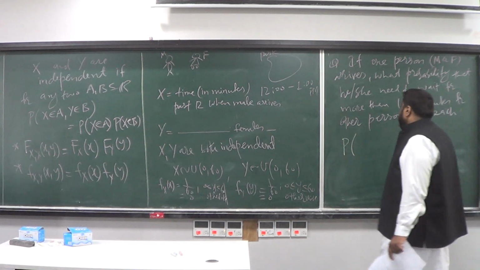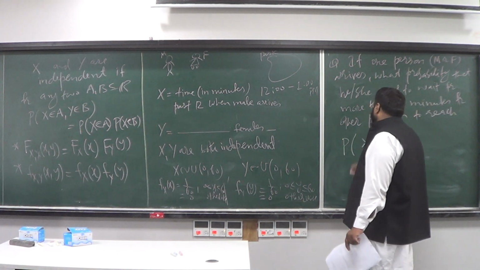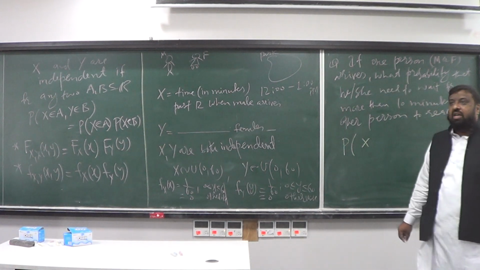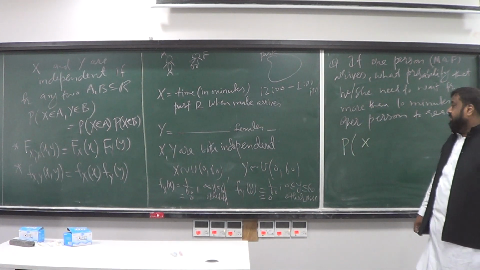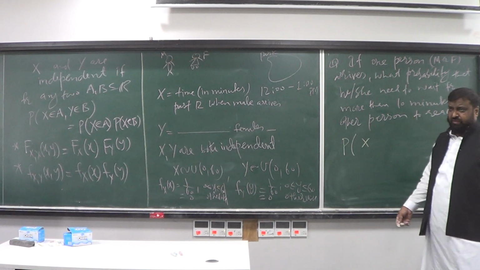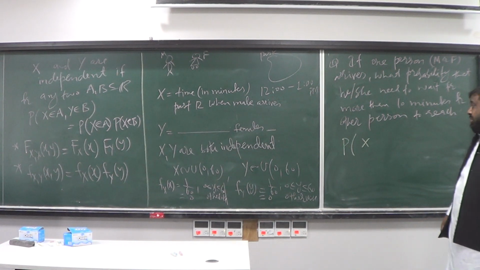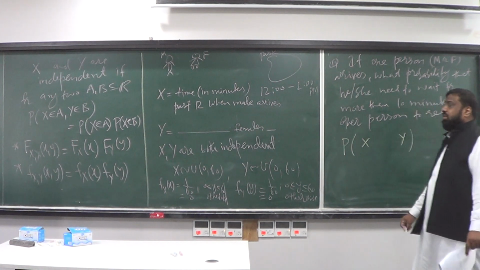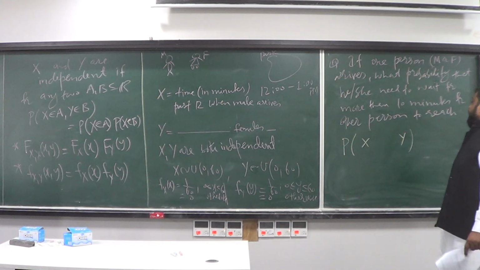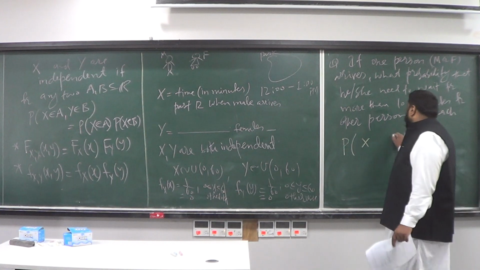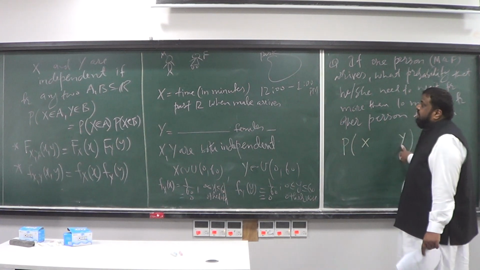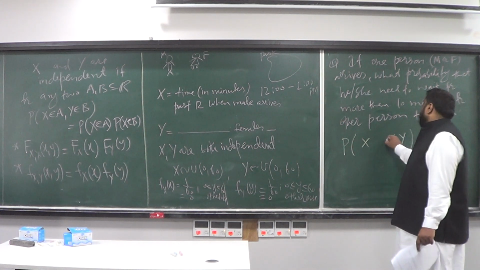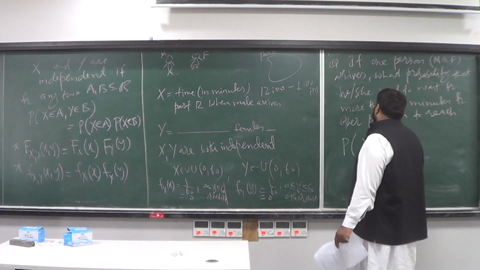Now imagine that X arrives at some instant, the male arrives at instant X, the first situation, and Y arrives at an instant Y. But this Y, in other words the time when the female arrives, is more than X plus 10 minutes.